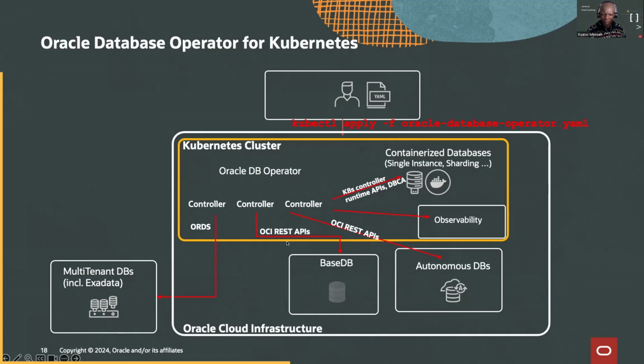Now, if your database is on premises, for example, a CDB, PDB-based database, such as Exadata and things like that, we use ORDS as the REST service to access and manage this database, right? So the controller will use ORDS to manage it, okay? So that's in the picture, the Oracle database operator for Kubernetes.